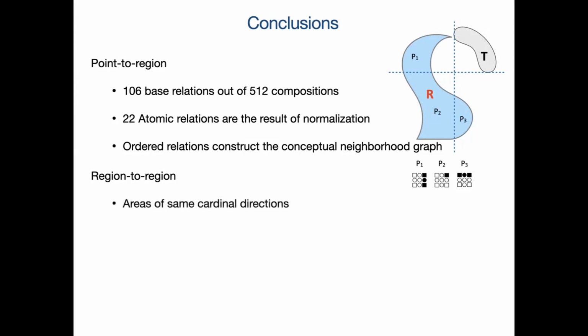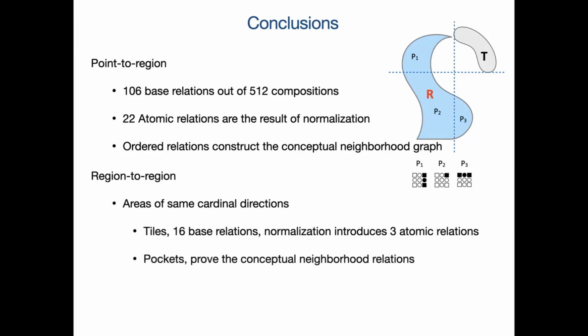The region to region direction relations introduce the areas of same cardinal direction, and the tiles of directions introduce the 16 base relations, normalized into the 3 atomic relations, and pockets approve the conceptual neighborhood graph relations. And these few concepts lead to the future work.